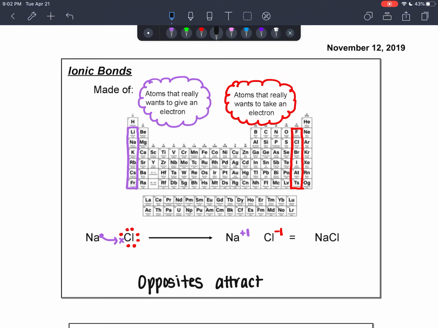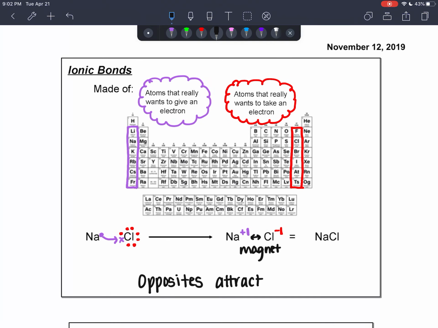So now that these two atoms are ions with opposite charges, there's an attraction between them, kind of like a magnet. Imagine the strongest magnet out there and then multiply its strength by 100. And that's the strength of attraction between these ions. So this attraction makes the ionic bond. So the reason they're connected is the ionic bond.